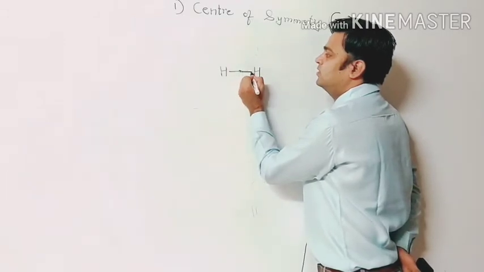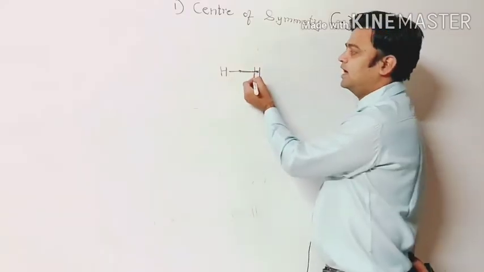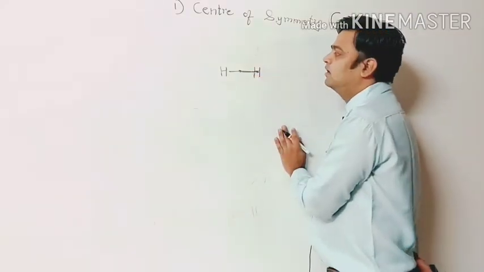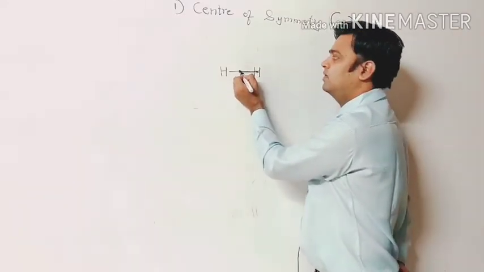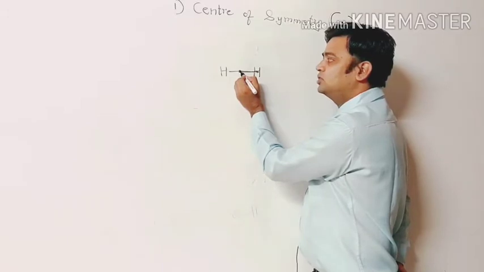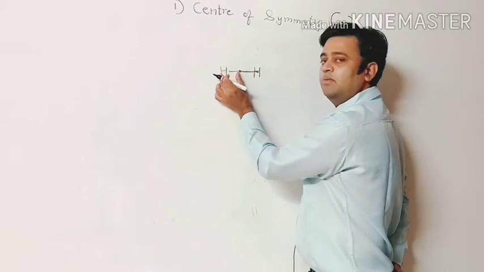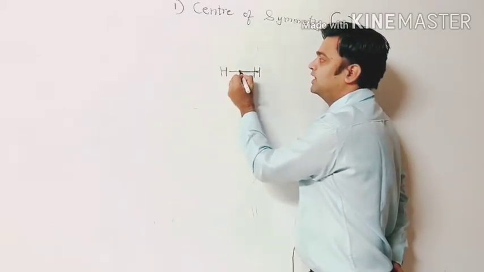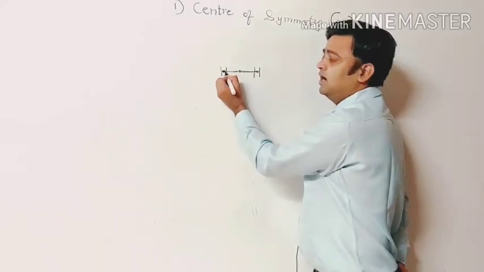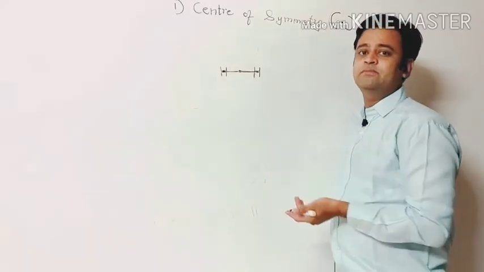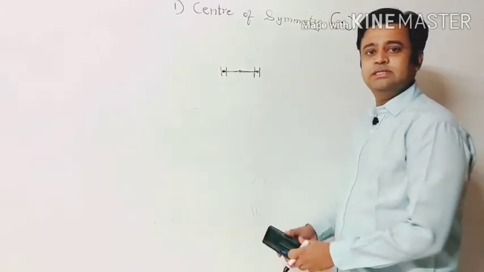Let it travel to one of the atoms here. It meets hydrogen. Now that dot comes back to its original position. Now let it travel the same amount of distance, but in the opposite direction. The opposite of this is this one, and definitely it will meet H again. Then the H2 molecule is said to possess center of symmetry. So easy.